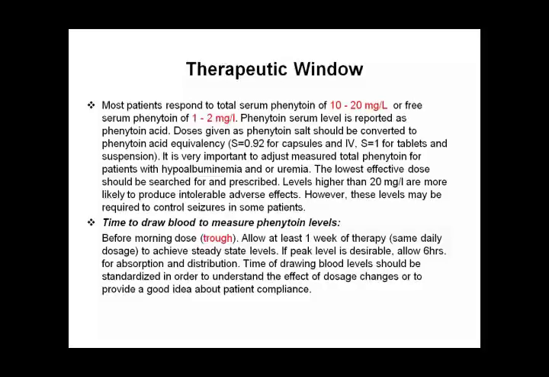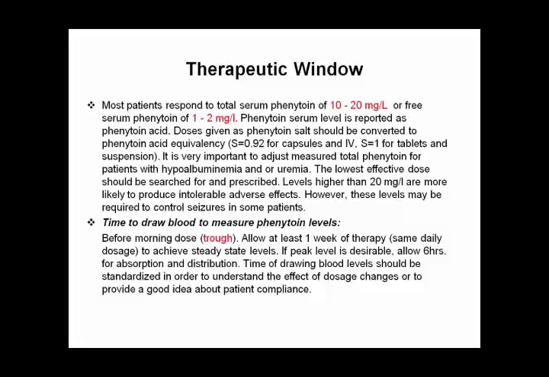And considering that 10% of the total phenytoin level is free from binding to plasma protein or albumin, then the serum free phenytoin level should be 1 to 2 as a therapeutic window or therapeutic goal.